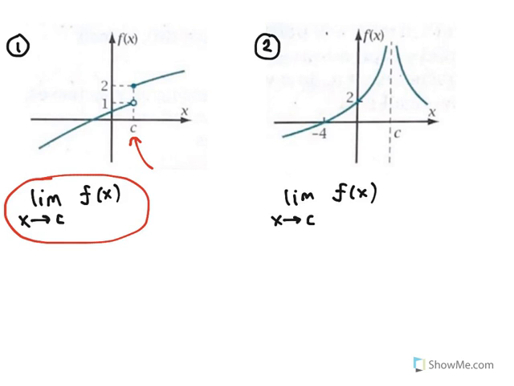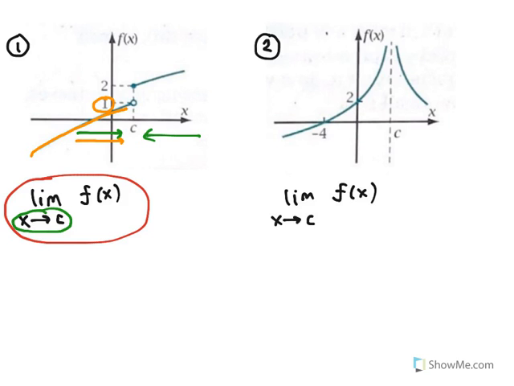It's stating that the input values, or the x values for the function, are approaching c. So you can have input values approach c from the left of c or from the right of c. And when that's happening, are the output values or the y values of the function approaching a single number? The answer is no. If the input values are approaching c from the left, the output values are approaching 1.